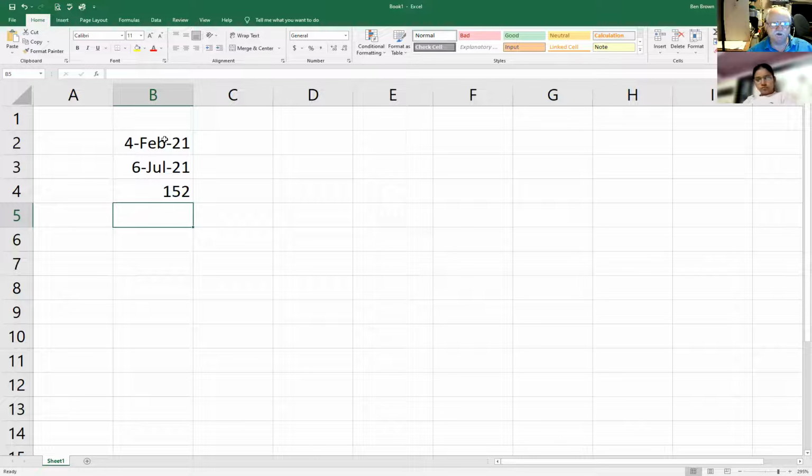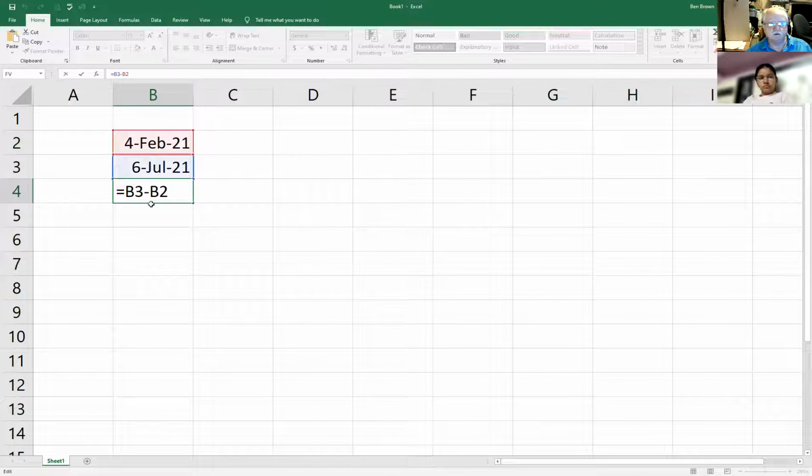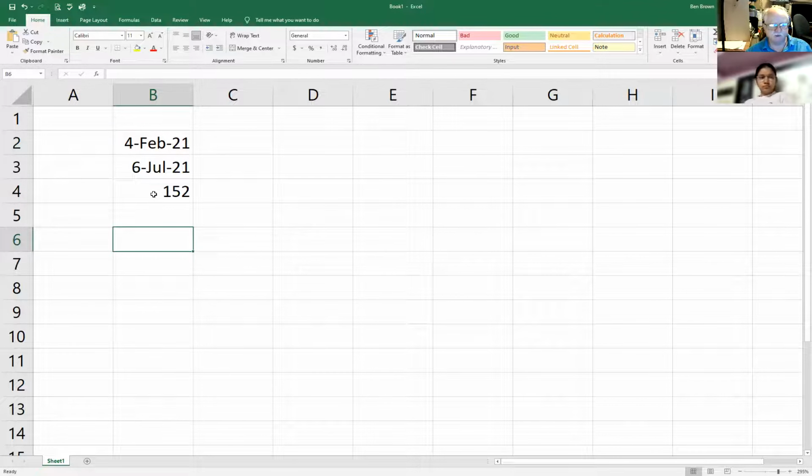Just type in the date in the correct format, right? That is the month, the day, comma, space, year, and then just go this one minus this one, and it'll give you the answer.